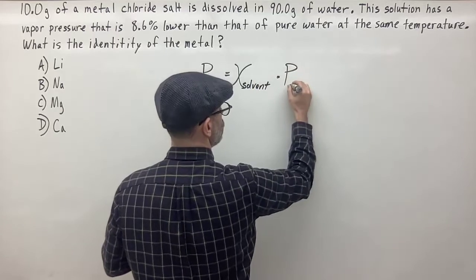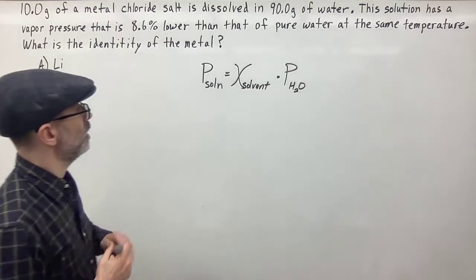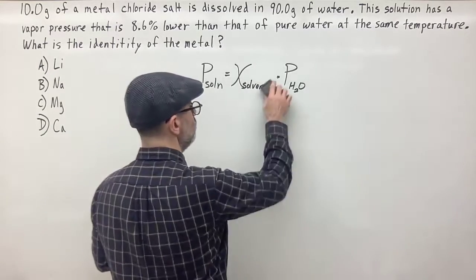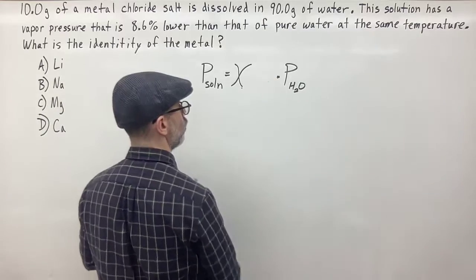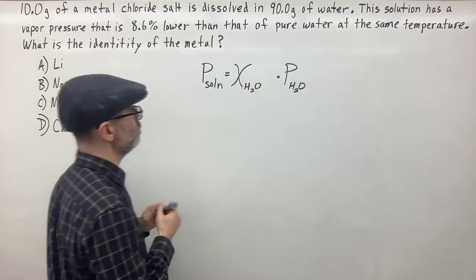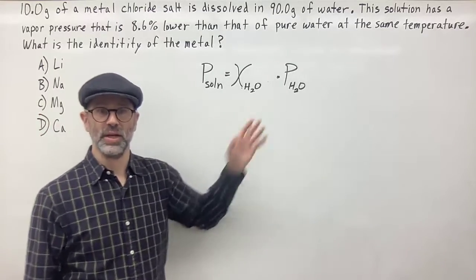Multiplied by the partial pressure of water, or the vapor pressure of pure water under the same conditions. So solvent, and again, the solvent is water, H2O. So this is the equation we're going to use to start with.